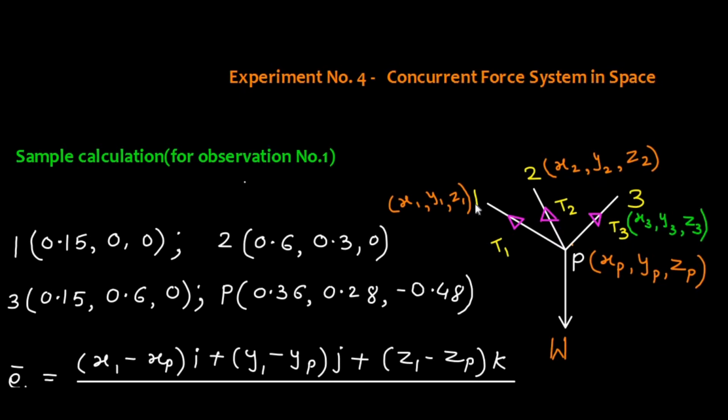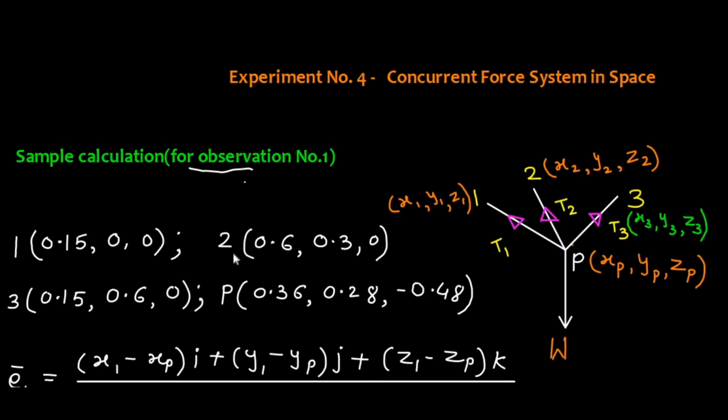Similarly, the coordinate of point 1 as x1, y1, z1. Coordinate of point 2 as x2, y2, z2, and this is point 3 whose coordinates are x3, y3, z3. Here I am showing the sample calculation for observation number 1. The coordinates of point 1 are 0.15, 0, 0.